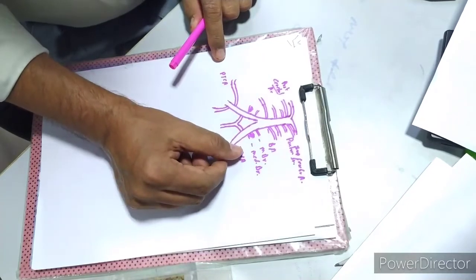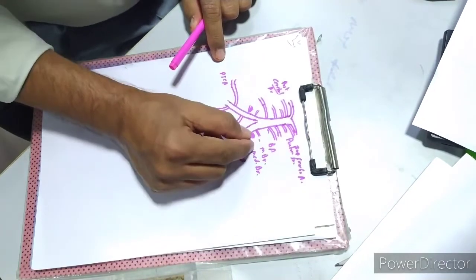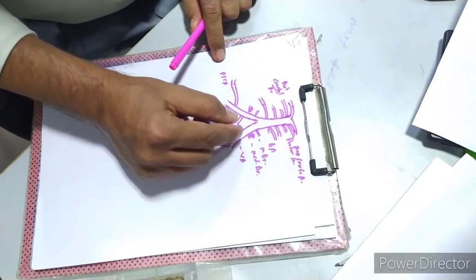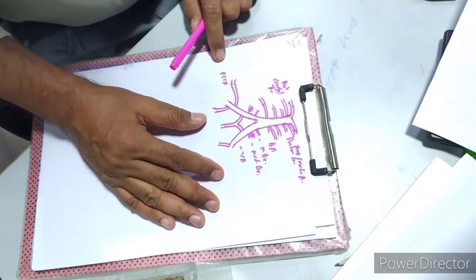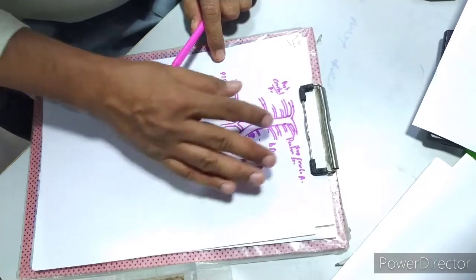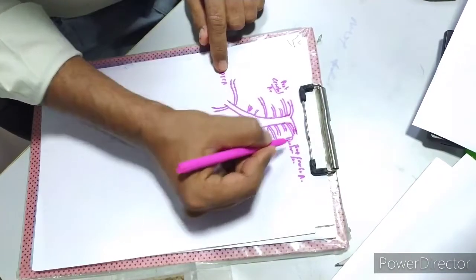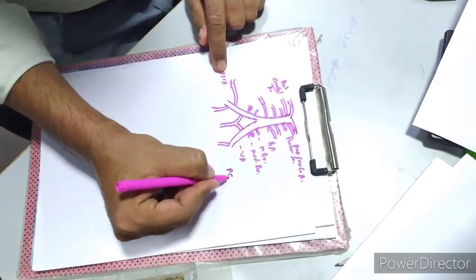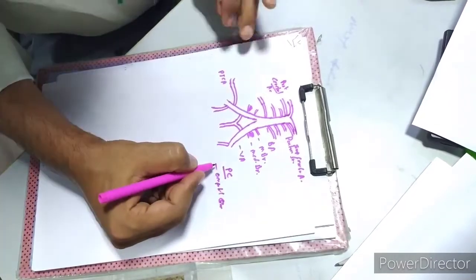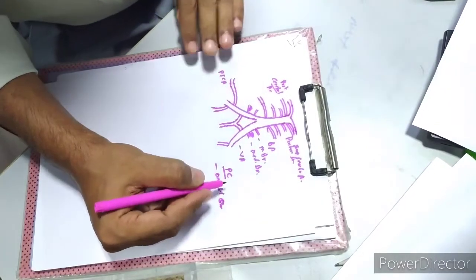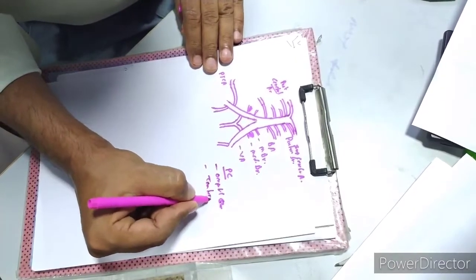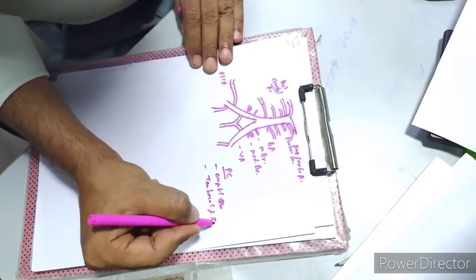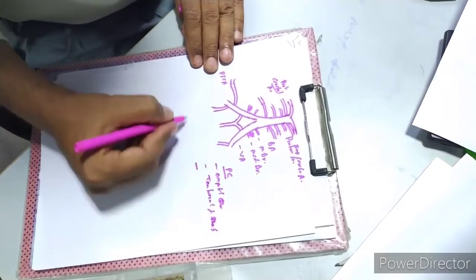And also it gives rise to the posterior choroidal branches for the choroid plexus of the third ventricle and the central part of the lateral ventricle. So, posterior cerebral artery, in short, supplies the occipital lobe and the tentorial surface of the cerebellum.